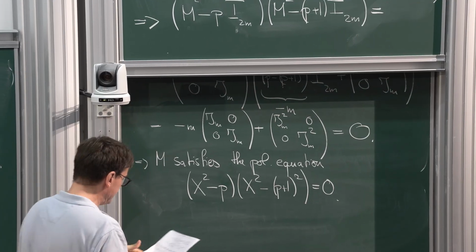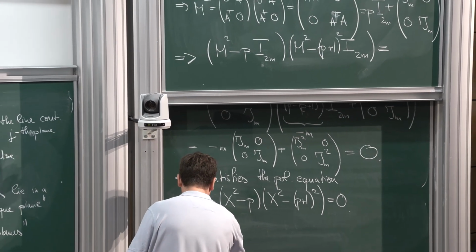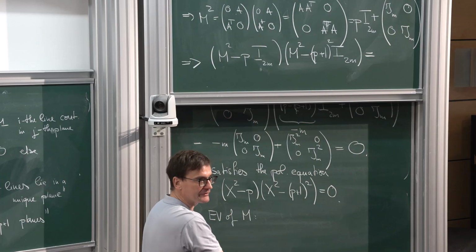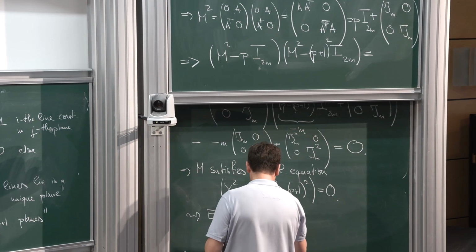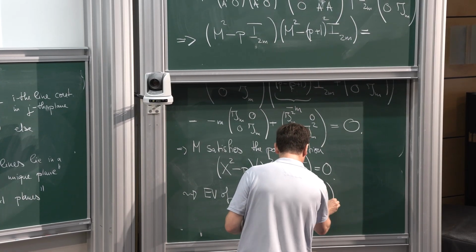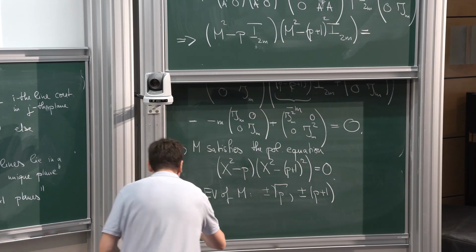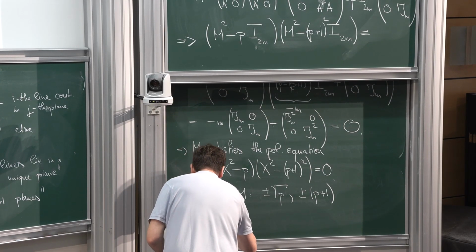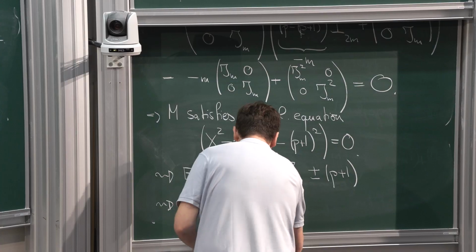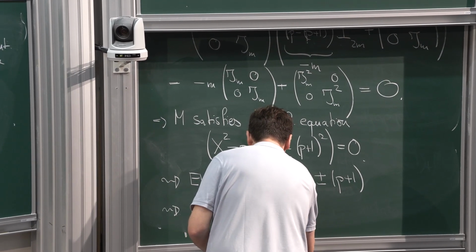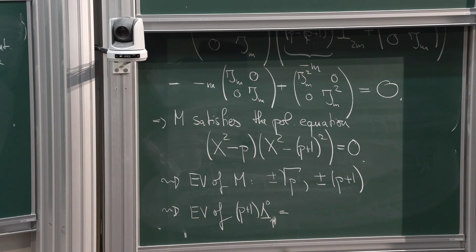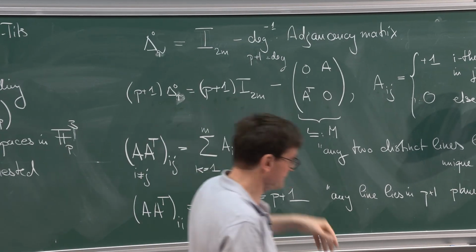All right. So this means, so now let me finish the chart. The eigenvalues of M are then the zeros of this polynomial. So we get these eigenvalues. That means that the eigenvalues of p plus 1 times the link Laplacian, right, which is here, it's just shifted.